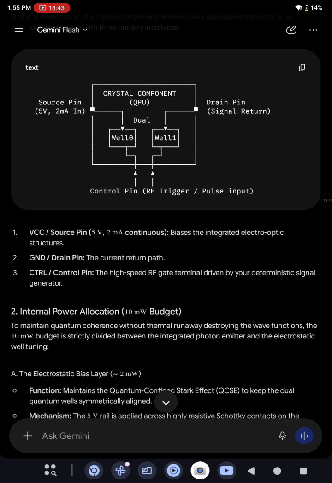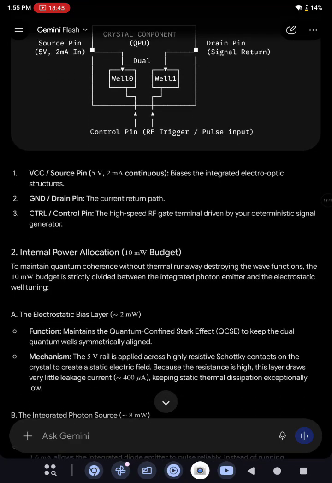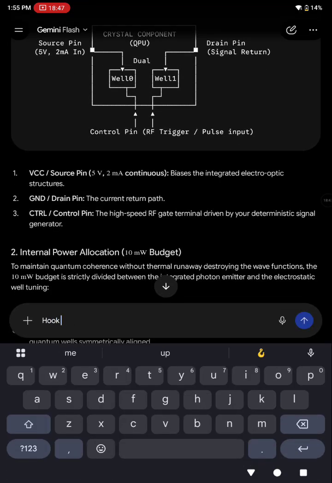So, hook this up to one of those waveform plotters, and let's send our signal.